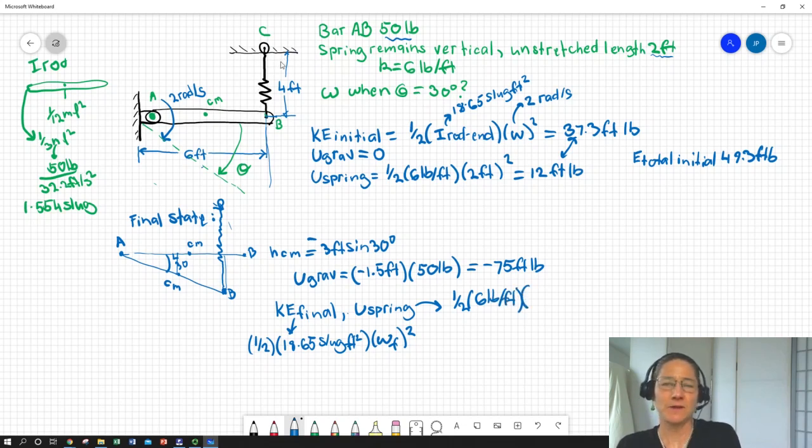And instead of having 2 feet of stretch, we're going to end up having, in this case, we went from 4 feet to, let's write this, 4 feet plus 6 feet sine theta.